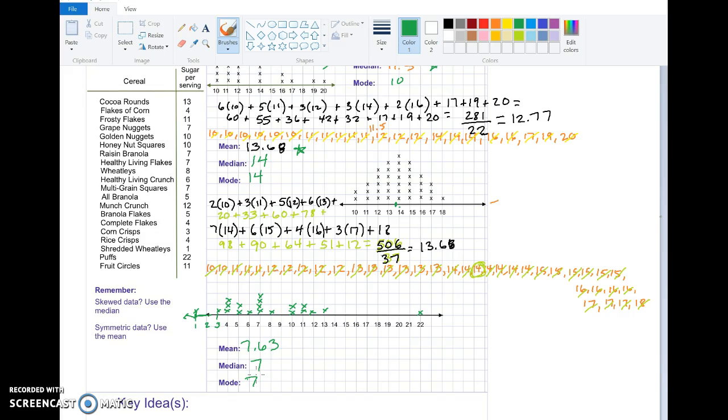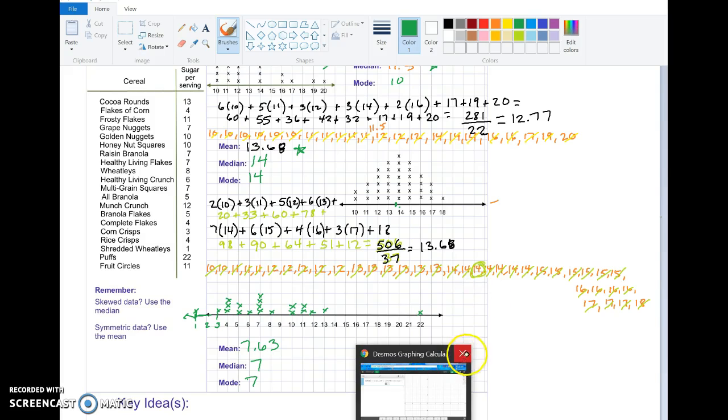So in this situation, our mean is 7.63, which means it's close to 8, and our median is 7, and our mode is 7. So why do you think that the mean is higher than the median?